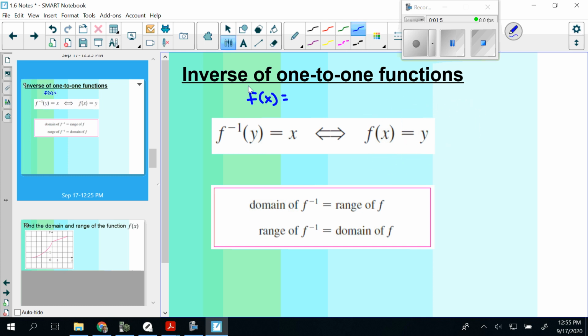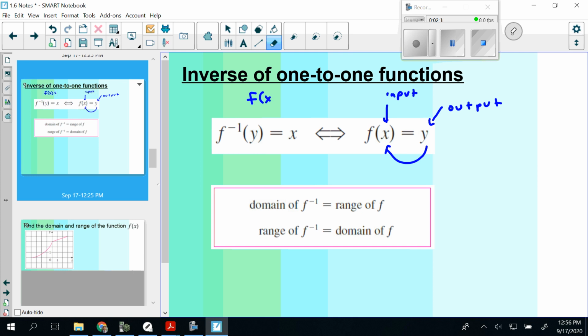If we map backwards, we should come back to our original result. So if f of x equals y, this is our input, this is our output. If you do the reverse and start with y, you should end back with x.